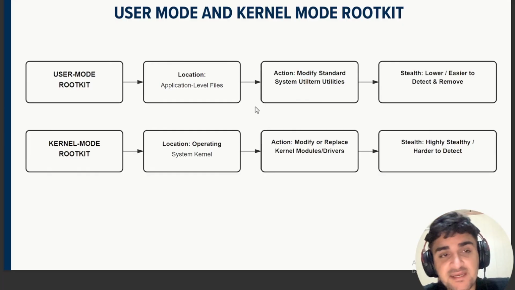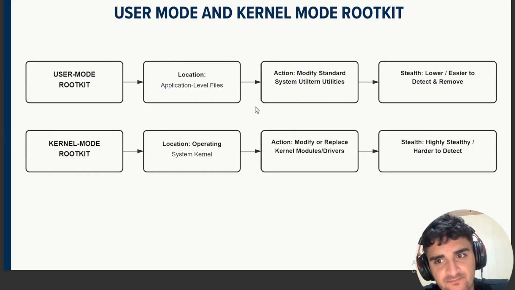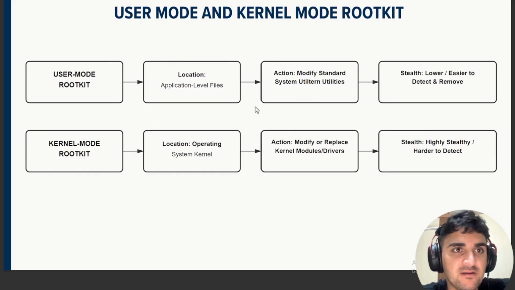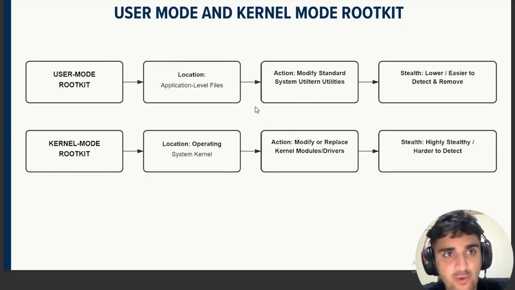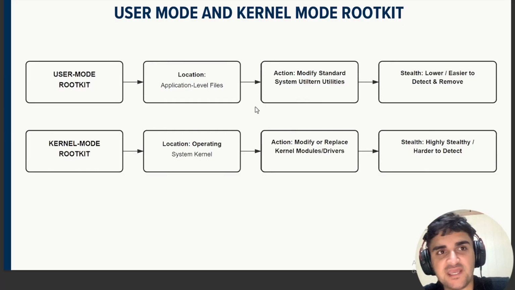But on the kernel mode side, the rootkit lives in the operating system kernel and modifies or replaces kernel modules and drivers. This technique is highly stealthy and harder to detect. In most cases, it requires dumping the memory, the RAM, of the infected machine and using tools like MemProcFS, Recall, Cyber Triage, and or Volatility to investigate further.